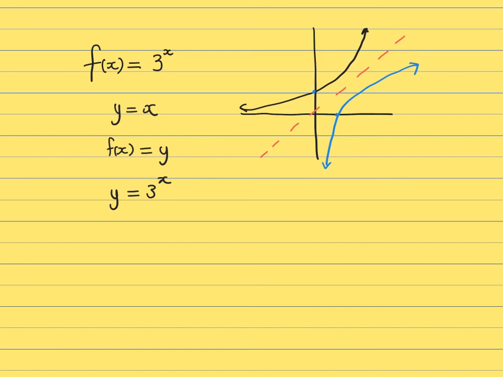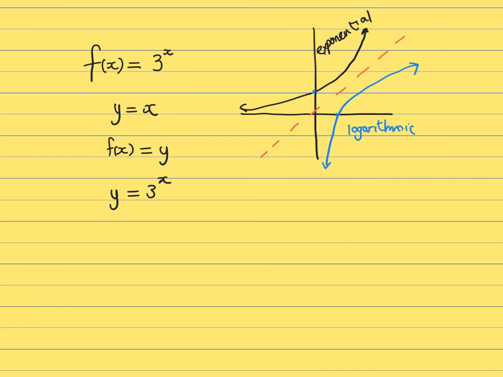The inverse of an exponential function has its own name. If this is an exponential, the inverse is called a logarithmic graph. So therefore, the inverse of an exponential function must have the word log in its name.